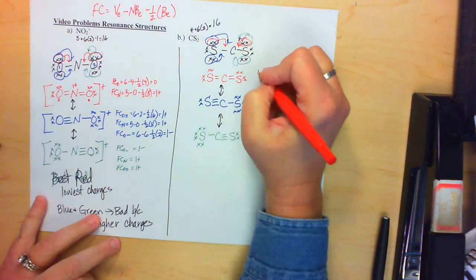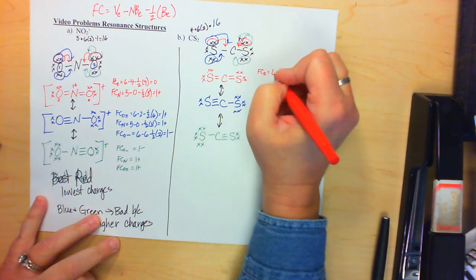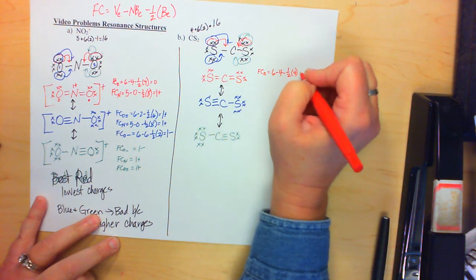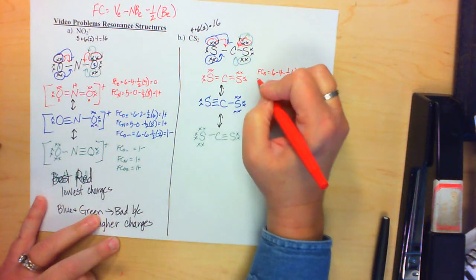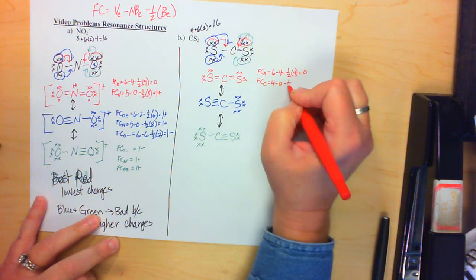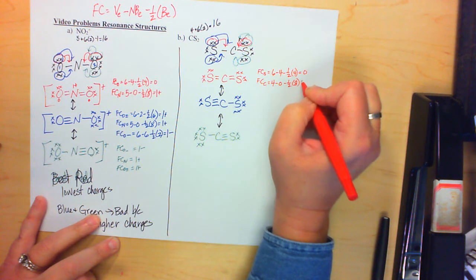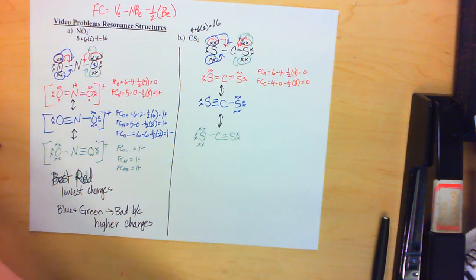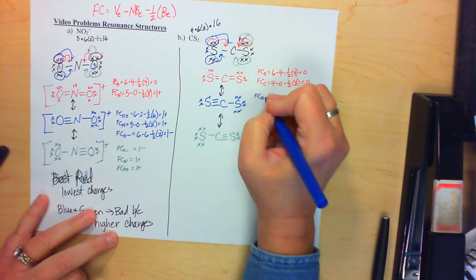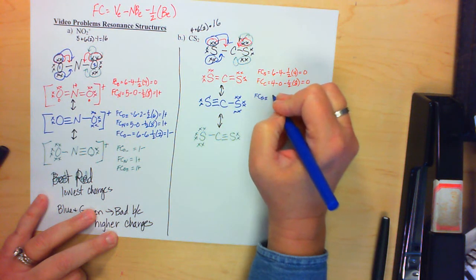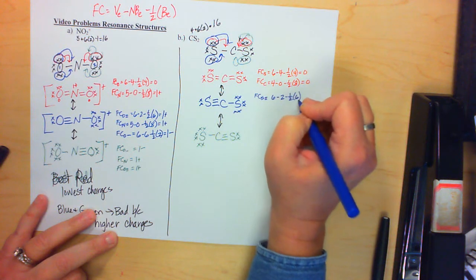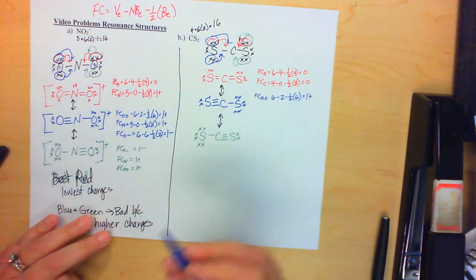So here, the formal charge of sulfur is going to be 6 minus 4 minus 1/2 times 4, which is 0. Formal charge of carbon is equal to 4 minus 0 minus 1/2 times 8, which is 0. My formal charges have to add up to equal the overall charge. So here, formal charge of sulfur with a triple bond is 6 minus 2 minus 1/2 times 6, which is 1 plus.